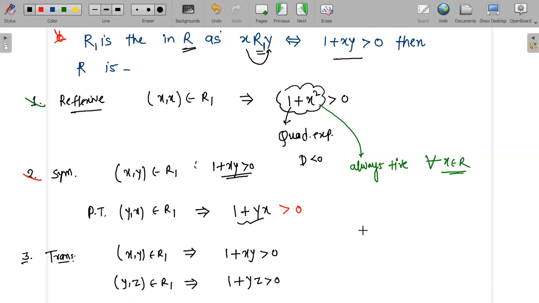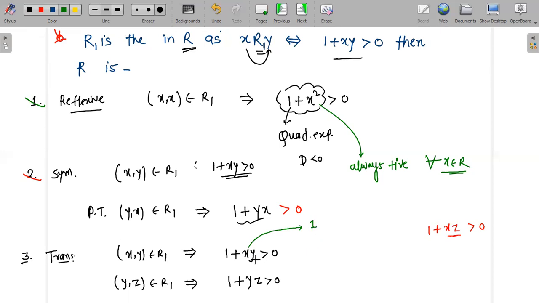So do not try to put values of x and y which are positive. Otherwise, it will make the value of 1 plus xz obviously positive, if you are intentionally taking x and z as positive values. So if I have to check my luck, then let the value of x be 1.